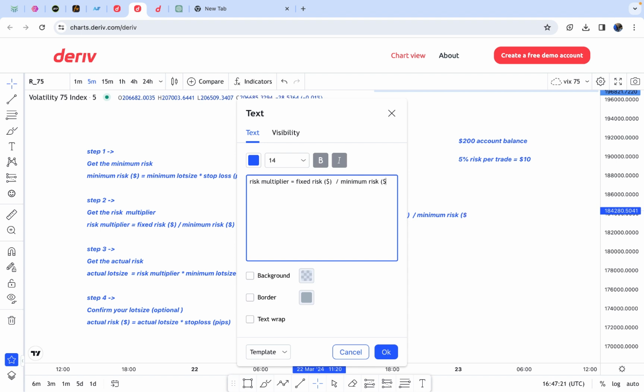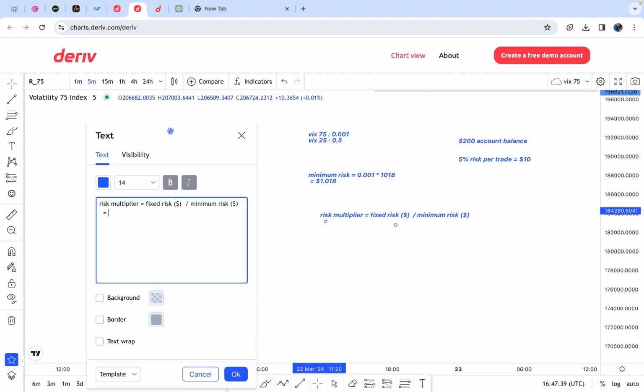As you can see, these two values are both in dollars, right? So at the end of the day, once two values with the same sign from mathematics get divided, they'll lose their sign. So risk multiplier doesn't have the sign because both of them are in dollars. You get that. And what is our fixed risk? As we can see, our fixed risk is $10 because that's what we only want to be losing on this $200 account, always. So we have $10 divided by our minimum risk. What's our minimum risk?